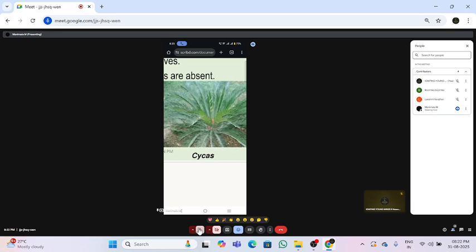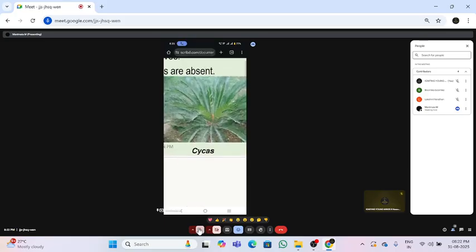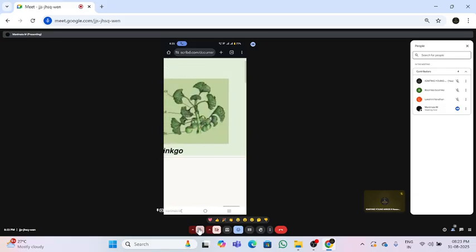Therefore cycas has been referred to as the reptiles of the plant kingdom. Make a note: these plants are called the reptiles of the plant kingdom. About ginkgo, I told you, it is a living fossil, a long surviving individual.